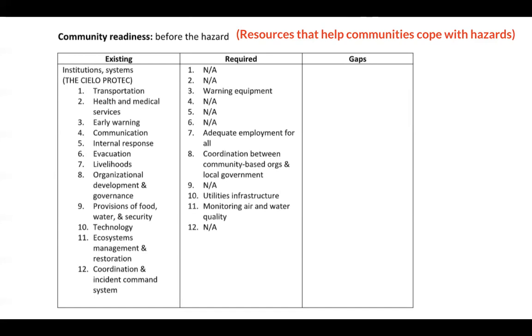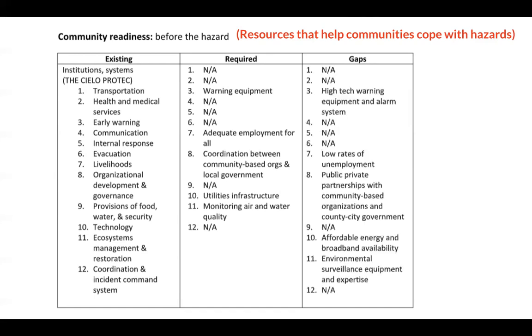So this allows us to assess our gaps, which are needs for improved warning equipment and alarm systems, changes in unemployment rates, public and private partnerships with community-based organizations and government, more affordable energy and broadband availability, and environmental monitoring equipment.